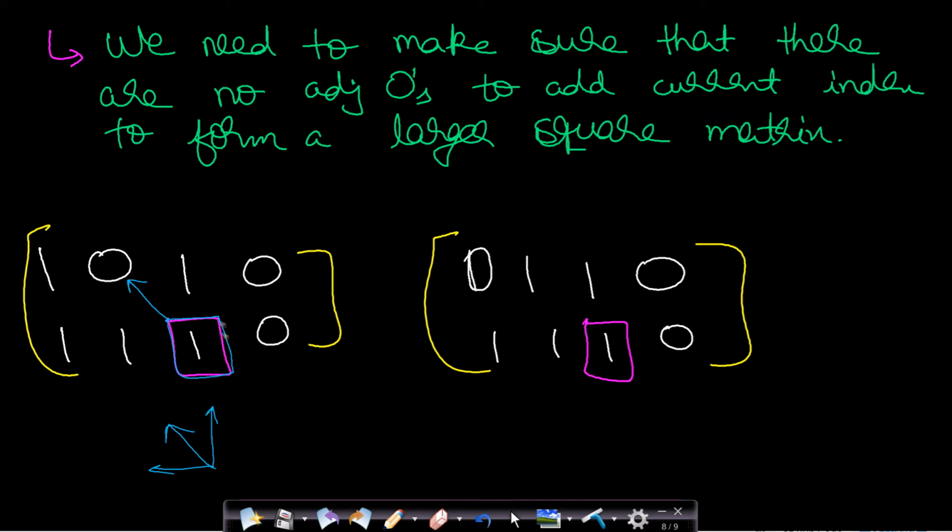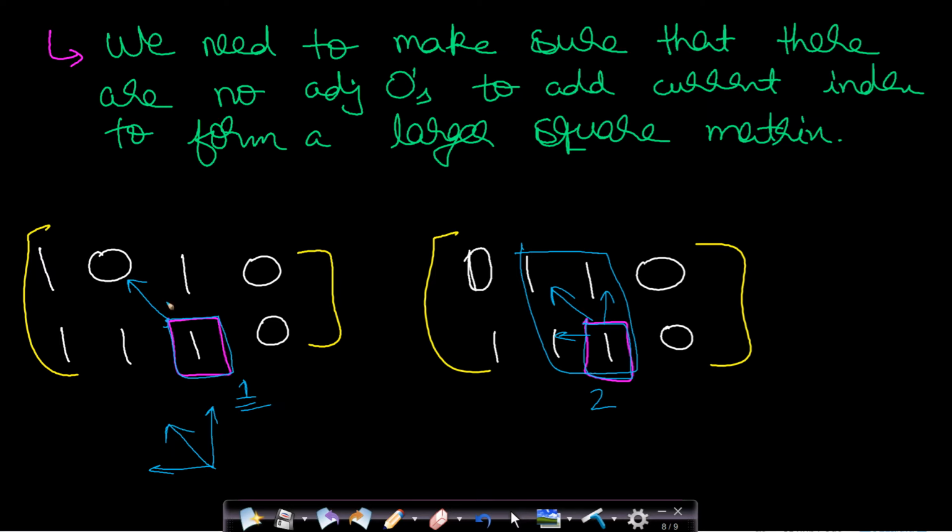So you cannot add this element to a larger matrix. So this will be of size only 1. But at the same position in this matrix, you can see that all these three diagonal elements are having 1s. So you can form a square matrix. So this will be your square matrix of size 2. So this point is also very important.